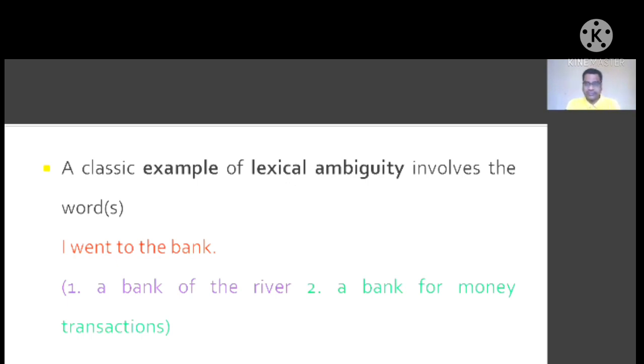It also means I went to the bank for money transactions. So this is how the word bank, which has multiple meanings, creates a confusion in the mind of the reader or a listener. And then you come to a state called confusion, called complexity, called ambiguity.